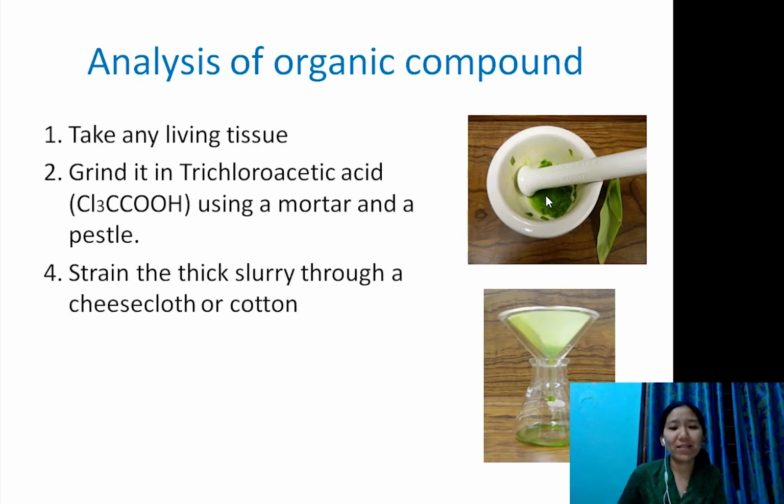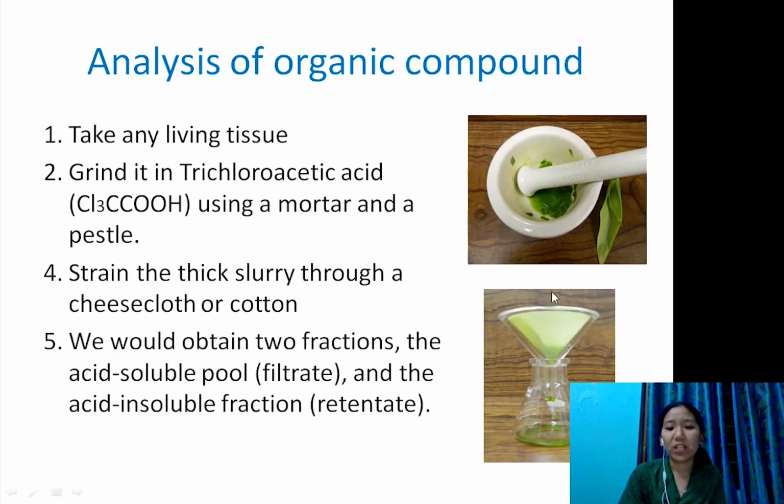When you strain it, you get two fractions: the one which is filtered, called the filtrate, and the one which remains, called the retentate. The filtrate is the acid soluble pool and the retentate is the acid insoluble fraction.